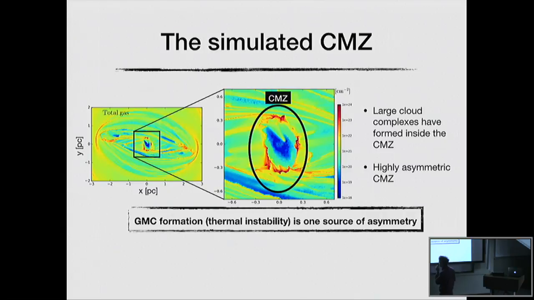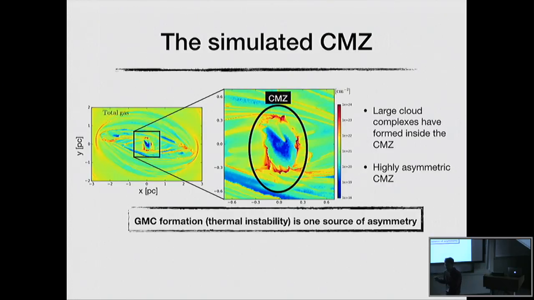So if we take one of the snapshots in our simulations, we notice that the central molecular zone that builds up is formed by large cloud complexes that follow X2 orbits. And we see already that we have a large degree of asymmetry in this central molecular zone.